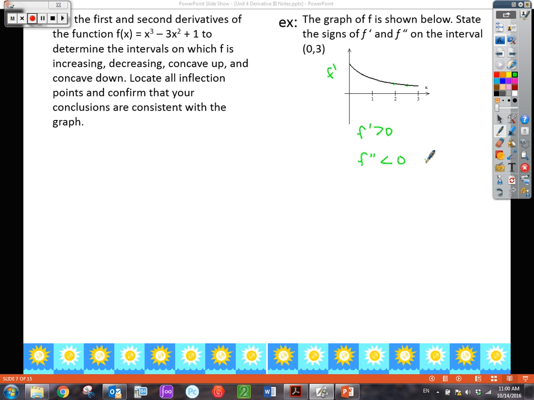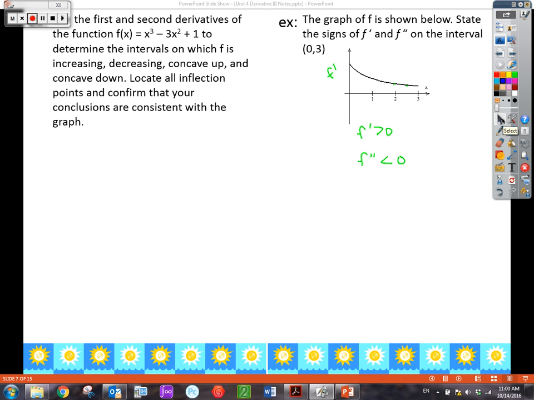Notice those are completely different answers. So you really have to pay attention to what kind of graph you are looking at as you interpret these questions. We're going to be doing a lot of this. Anything else? All right, great.